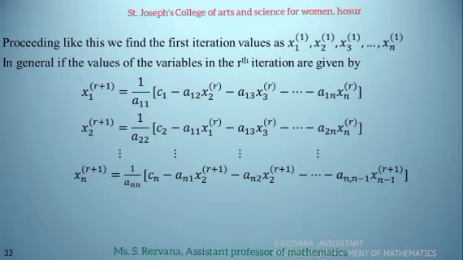In general, if the values of the variables in the rth iteration are given in this format, then I can get the result. To stop the iteration process, you need to continue until you get the same, repeated values.